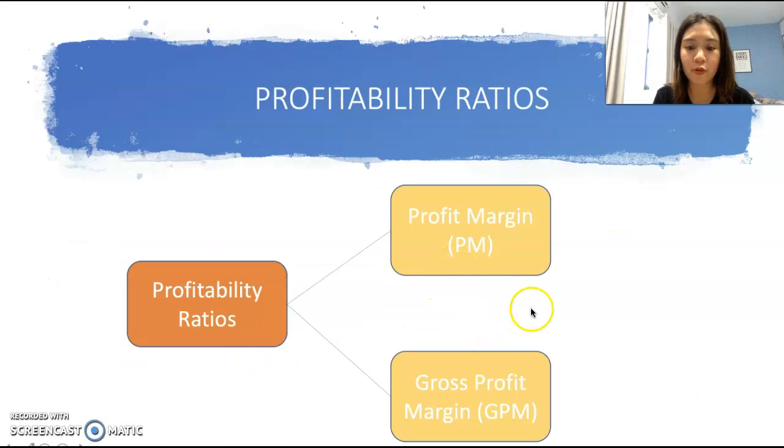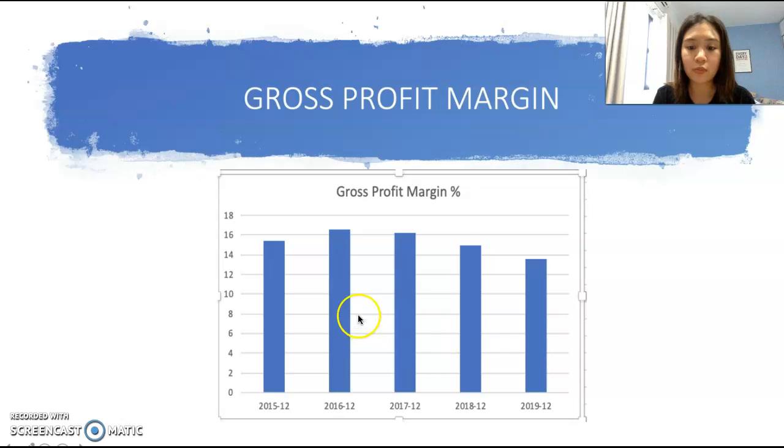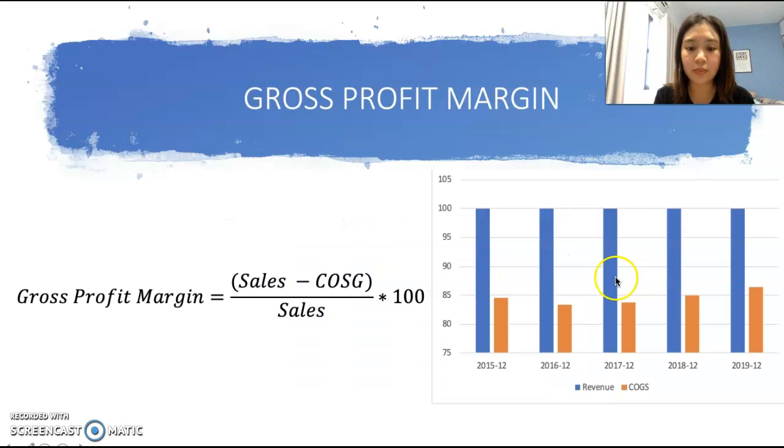Next is gross profit margin. Gross profit margin tends to decrease over the years. The reason it declines is that cost of goods sold is likely to increase over time. Therefore, it affects the ability of the company to make a profit.